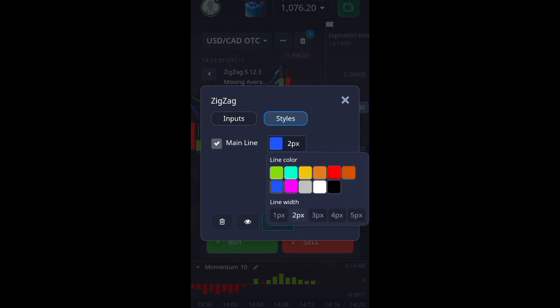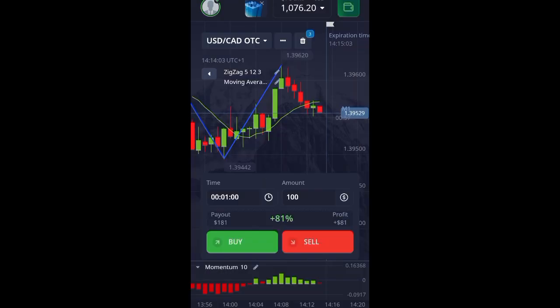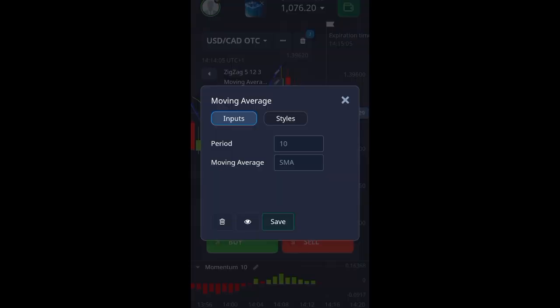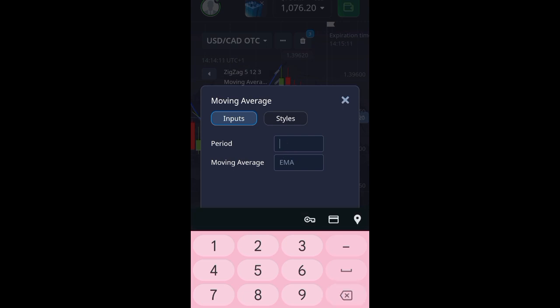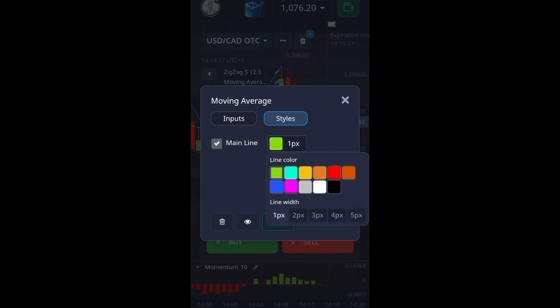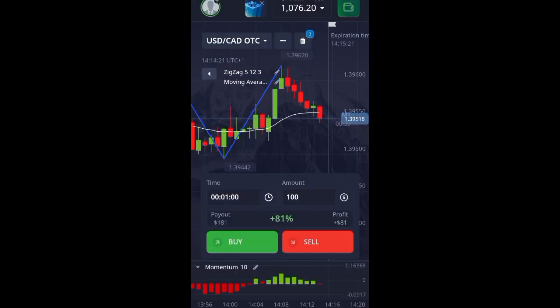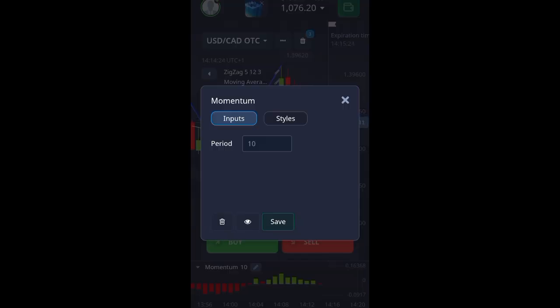Personally, I'll be changing the color to blue, then save, and I'll be fixing up the moving average. Change it from SMA to EMA and the period to 20, and I'll be fixing up the styles. Set the styles, change the color to white, preferably on 2 pixel.